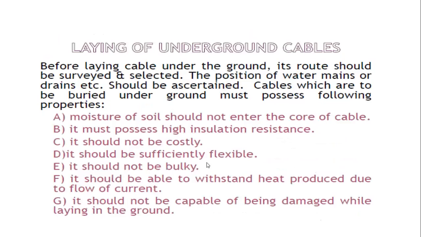Up to this, we have discussed what is meant by underground cables and why we are using them, what the different types of insulating materials used for underground cables are and what their properties are, what the types of underground cables are, and which types of faults will be obtained in underground cables. And what the comparisons, advantages and disadvantages of underground cables are.